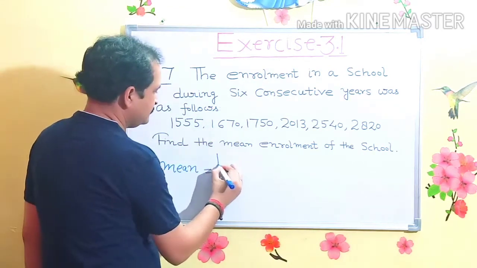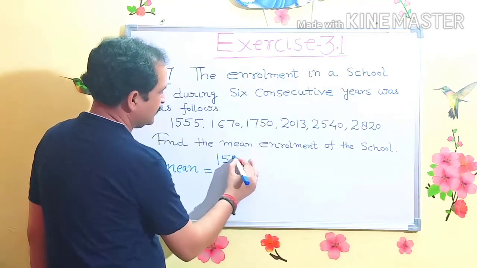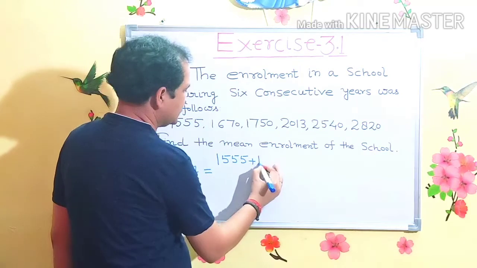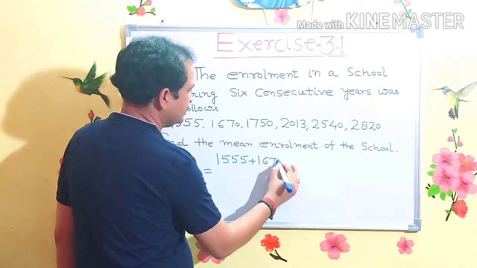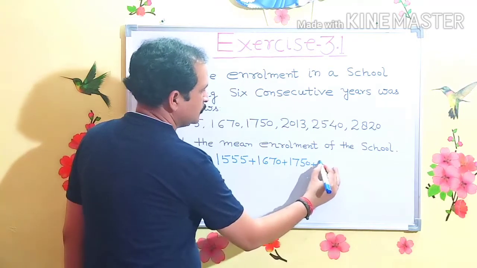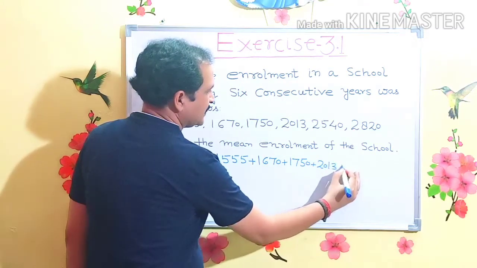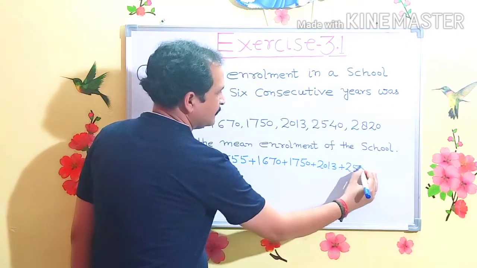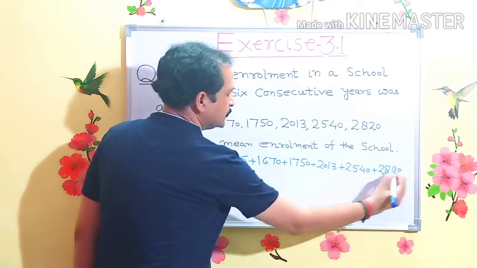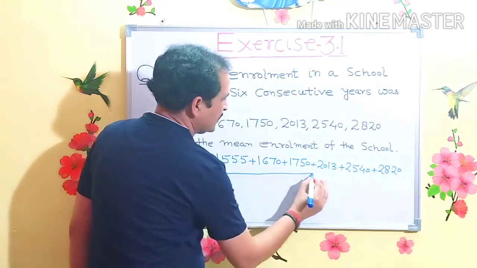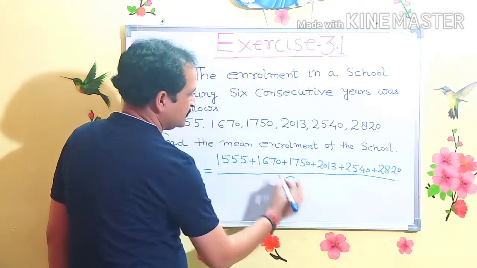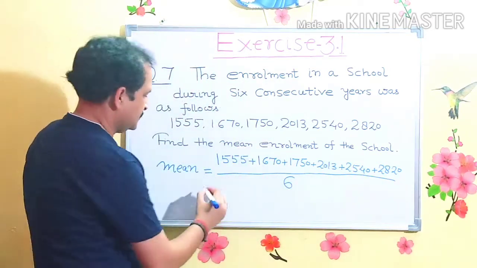So it means mean of this problem is equal to 1555 means first observation plus 1670 plus 1750 plus 2013 plus 2540 plus 2820 divided by 6 observations.